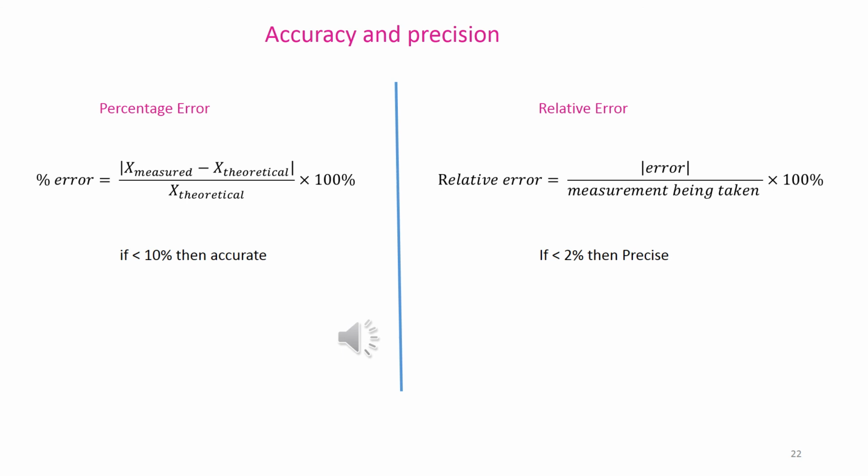ما انتم كل ميجرمنت عندها ايرور لها بدكم تشوفوا العلاقه بيناتهم الايرور اند ذا ميجرمنت. You divide them دائما to compare two numbers we divide them. اوكي اذا طلع الرقم decimal كمان اصغر من 2% مثل ما قلنا قبل بتكون precise. أكبر من 2% بتكون not precise.